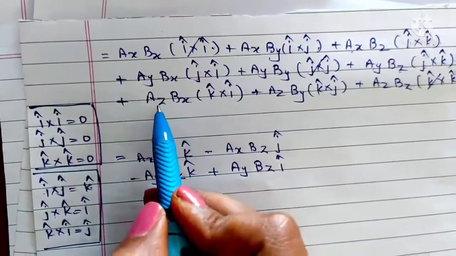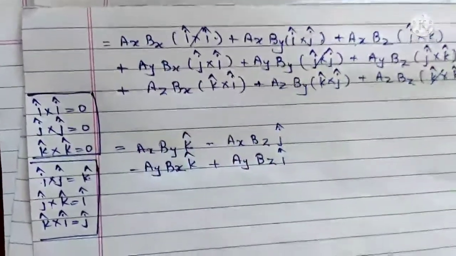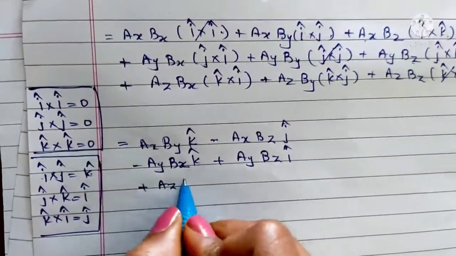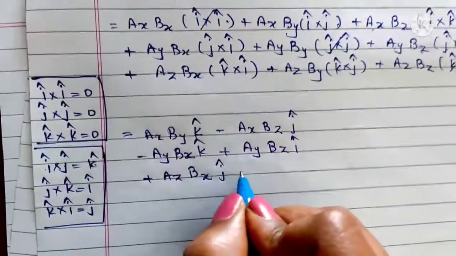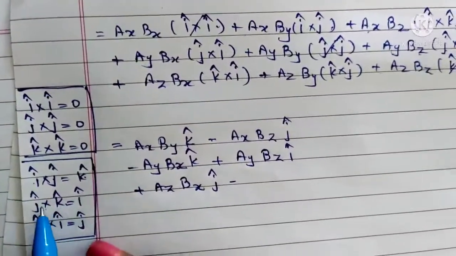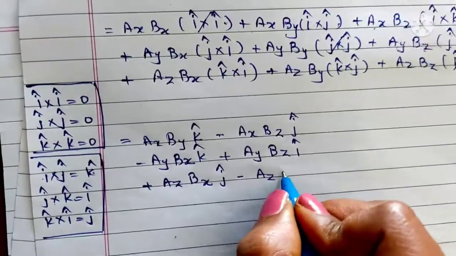Then the third line az bx k cap cross i cap. K cap cross i cap is equal to j cap, so here az bx into j cap, minus az by k cap cross j cap. K cap cross j cap, we know, is minus i cap.